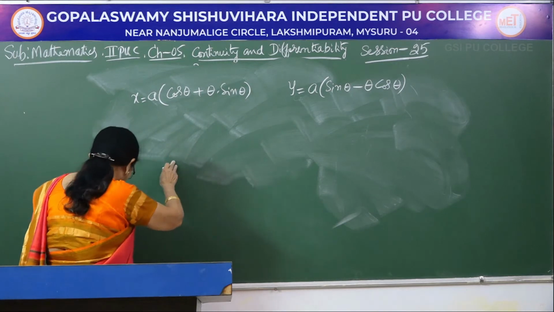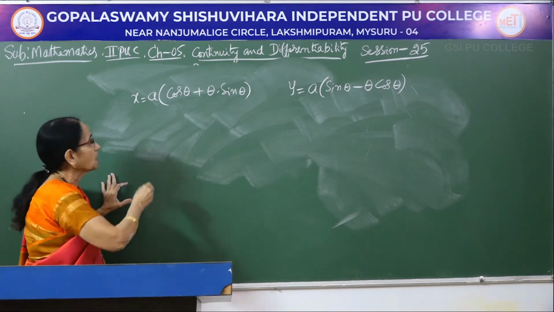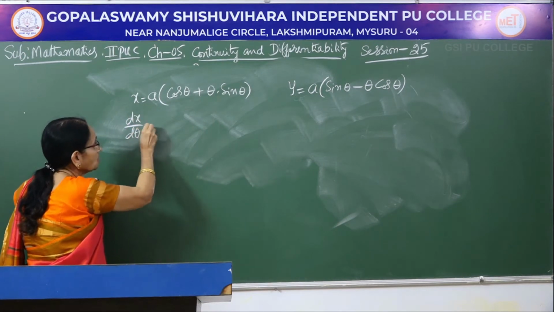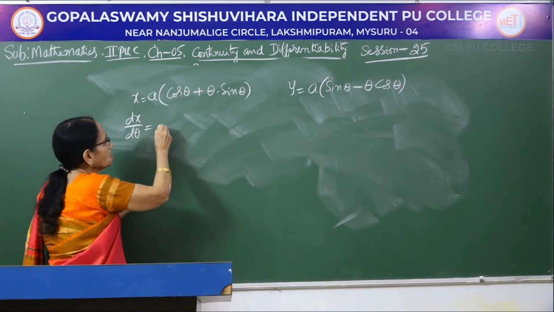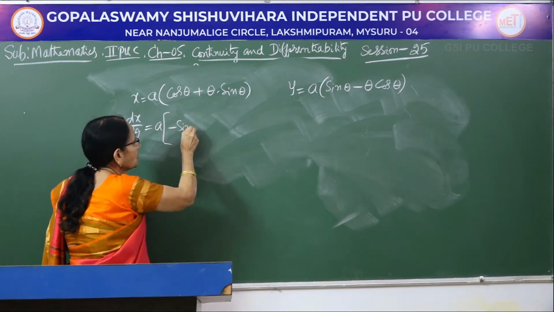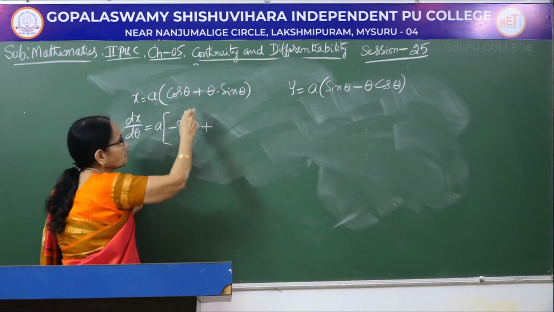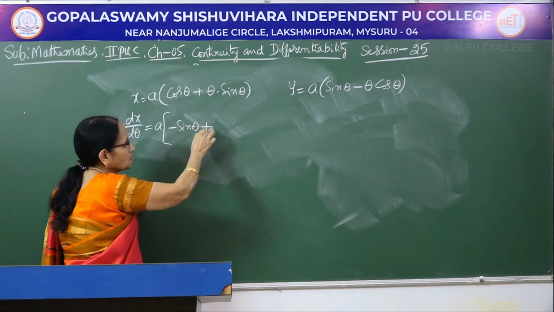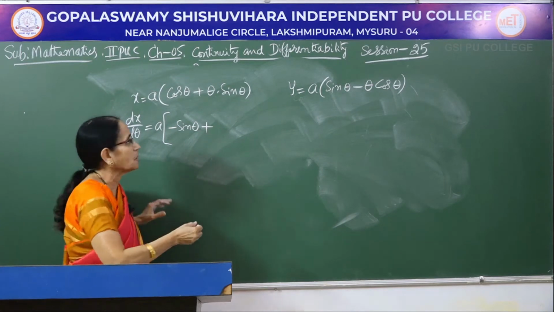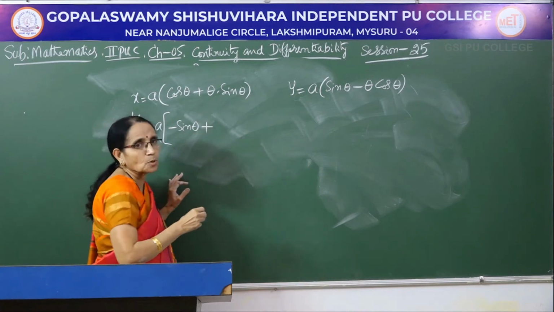So, differentiate both x and y with respect to theta. So, a into cos theta, it is minus sin theta plus, I am not using any bracket because it is a positive sign. If that were to be negative, I would have used another bracket. Apply the product rule here.